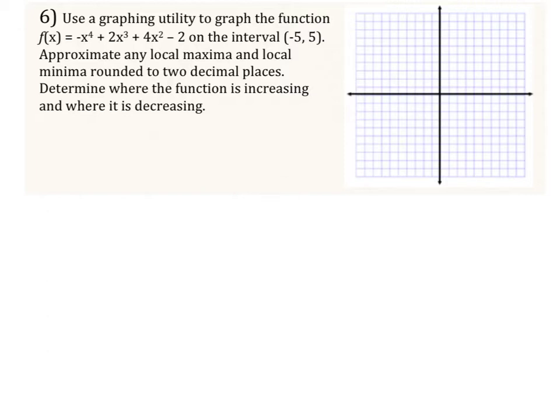And then we hit graph. And our window here, we want our x min to be -5 and our x max to be 5. And we'll do the same for the y min, -5, and y max 5, and hit graph.